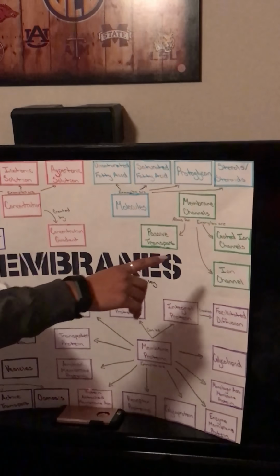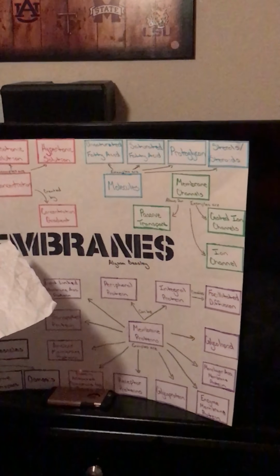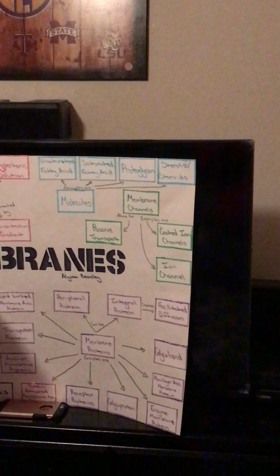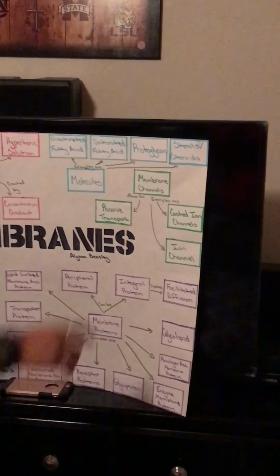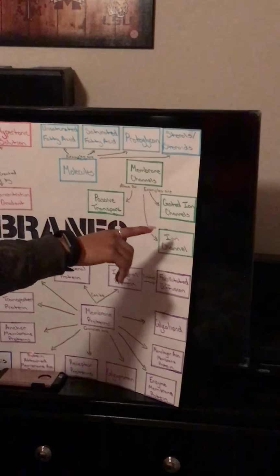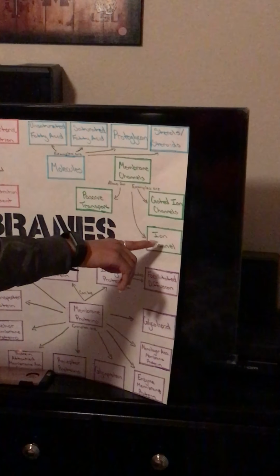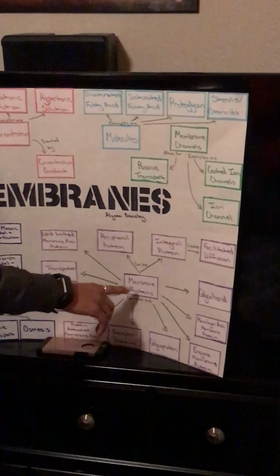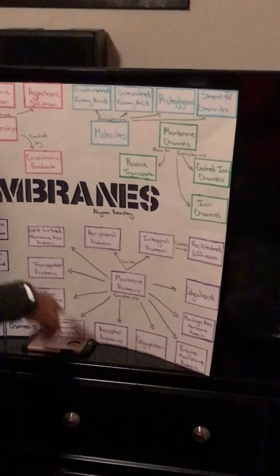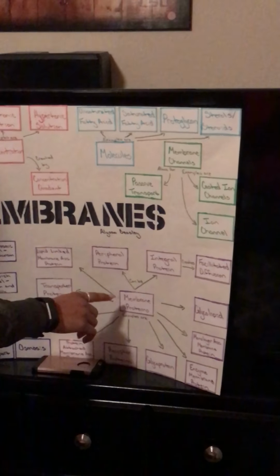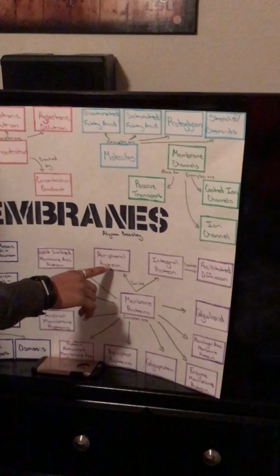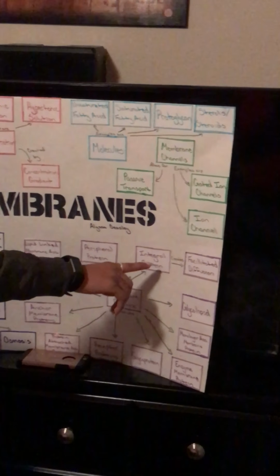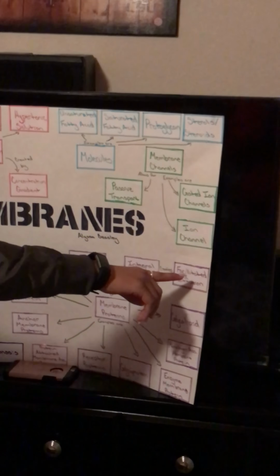So for the green, I did membrane channels, and the passive transport allows for these channels, and examples of them are the gated ion channels and the ion channels. So for the purple are the membrane proteins, and these are all of the examples of them. And they can be either peripheral proteins or integral proteins, and integral proteins are created by facilitated diffusion.